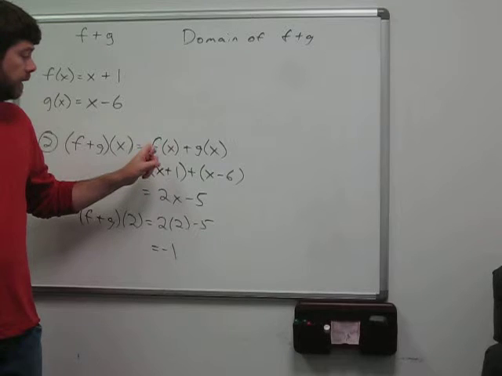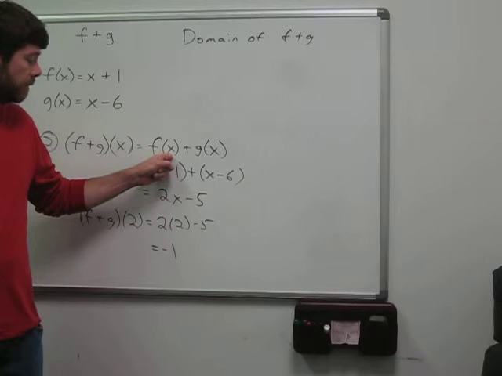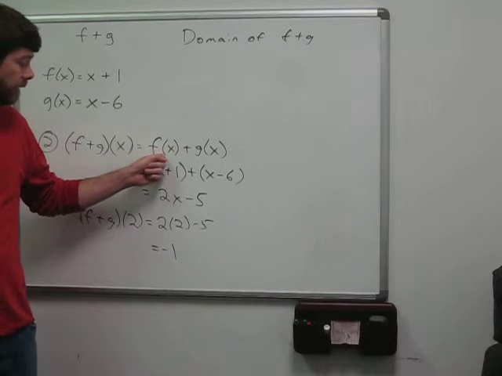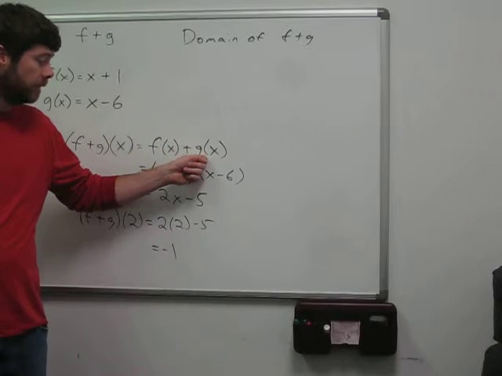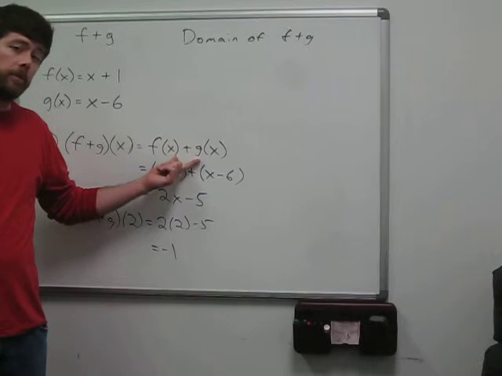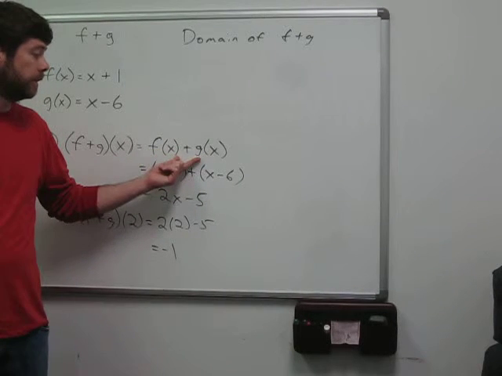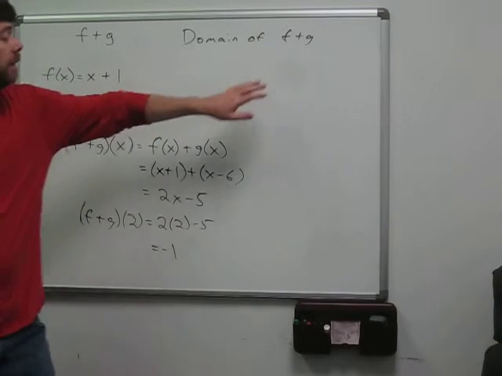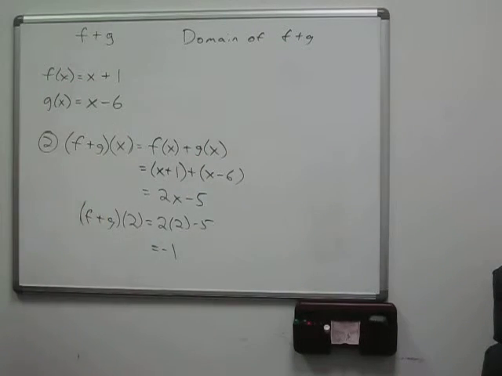So as long as the x that I plug in, like say 2, is in the domain of f and the domain of g, then this expression will be the addition of two real numbers, and therefore 2 would be in the domain of f plus g.